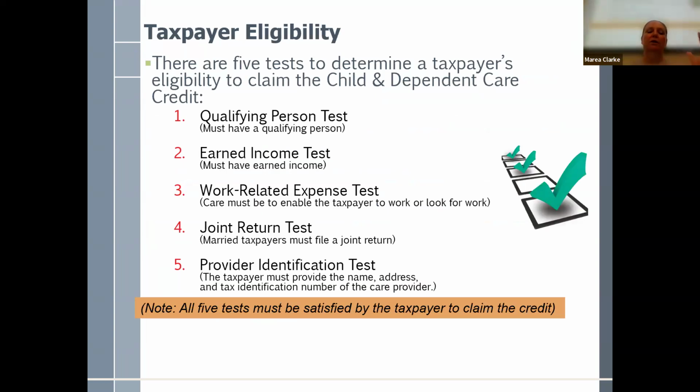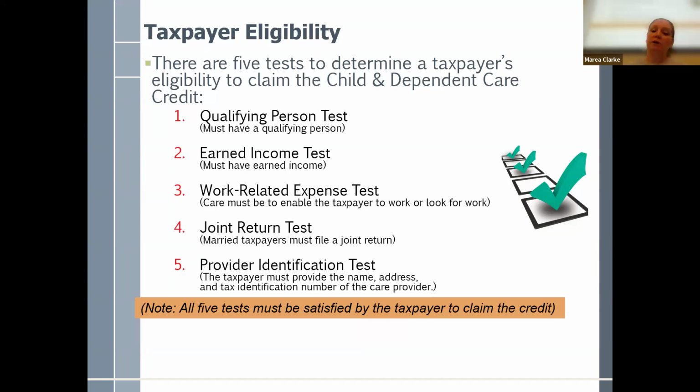When you do this, the child or the person that you're claiming has to meet all of these requirements. They must be a qualifying person. They must have earned income. They must have work-related expenses. So going to school does not count as work. It has to be actually working or looking for employment.